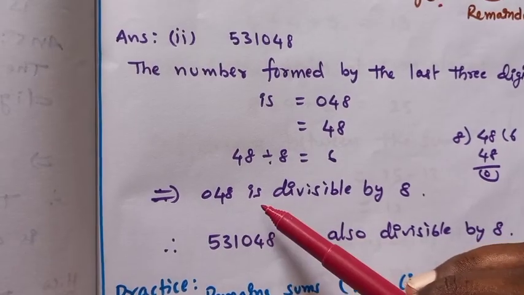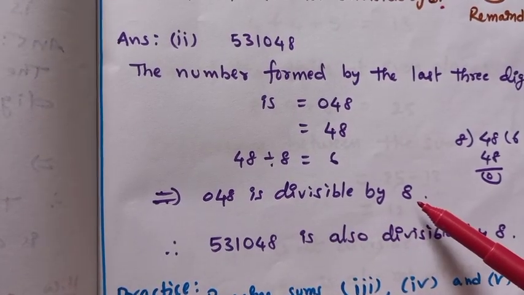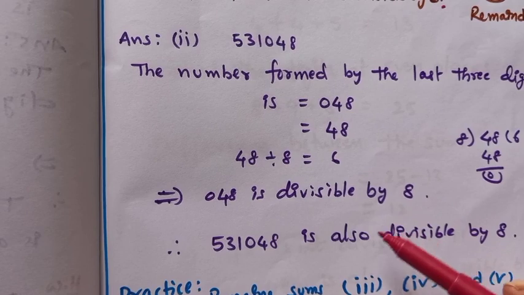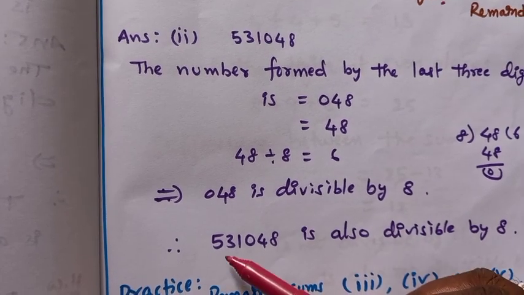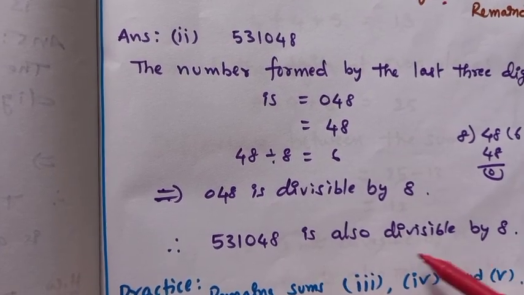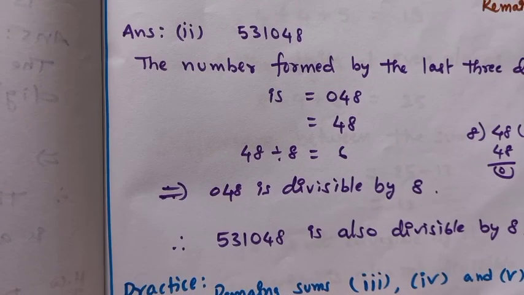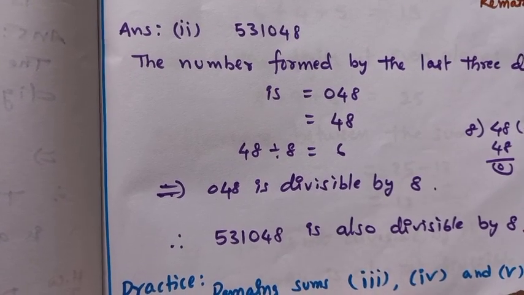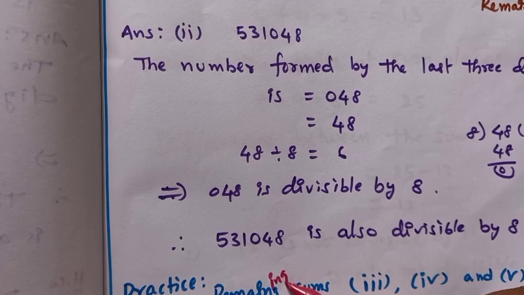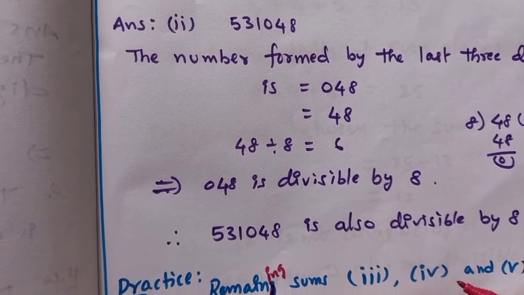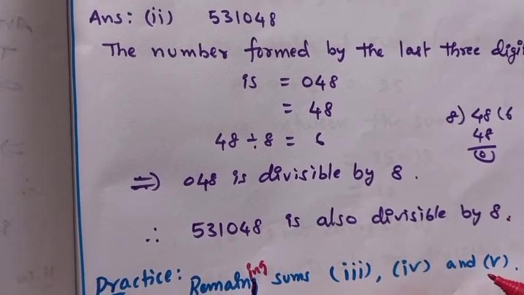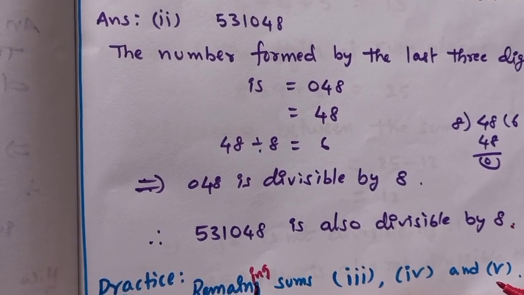Therefore 48 is divisible by 8. According to the divisibility rule of 8, 5,31,048 is also divisible by 8. Practice the remaining sums, third, fourth and fifth, using the divisibility rule of 8.